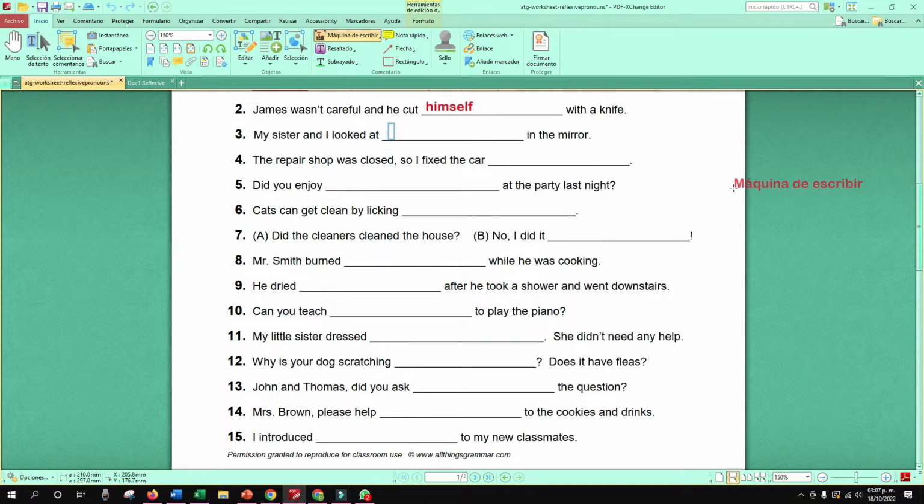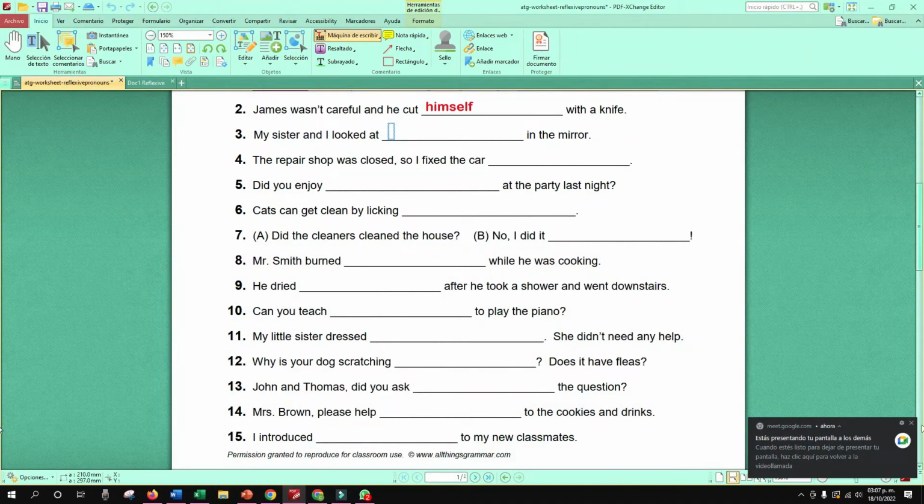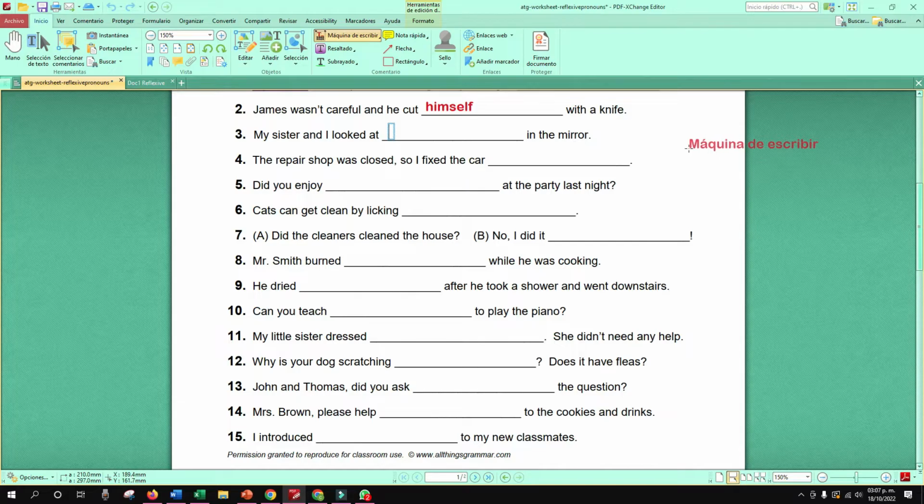What about number 3? Who wants to try number 3? My sister. There you have my sister, okay? Who? Nobody? Okay, Miss Wendy, thank you. My sister and I look at ourselves in the mirror. Ourselves?